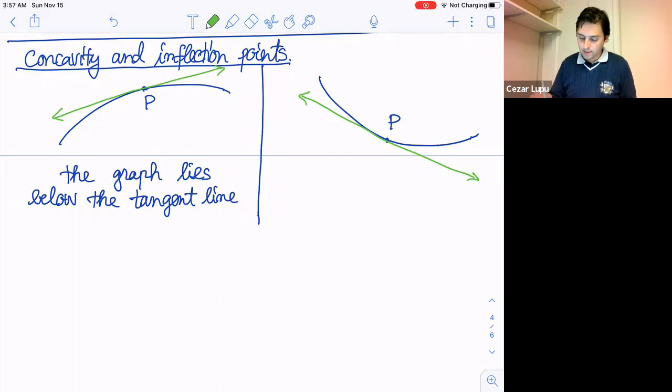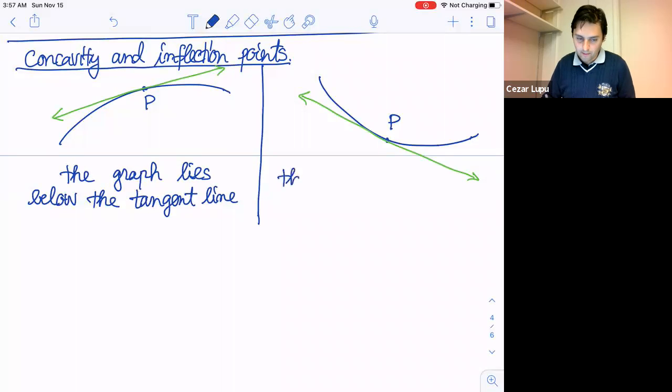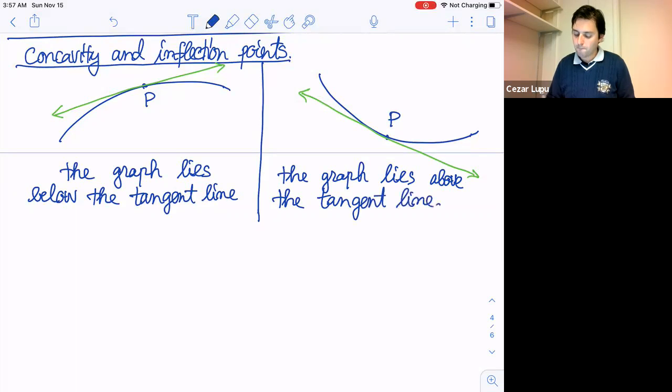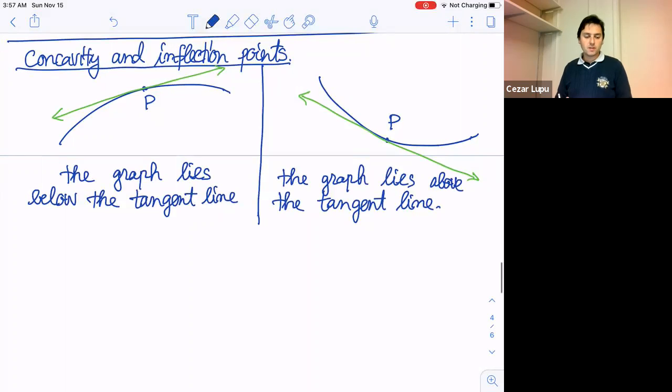And the tangent line in this case, so the graph lies above the tangent line.